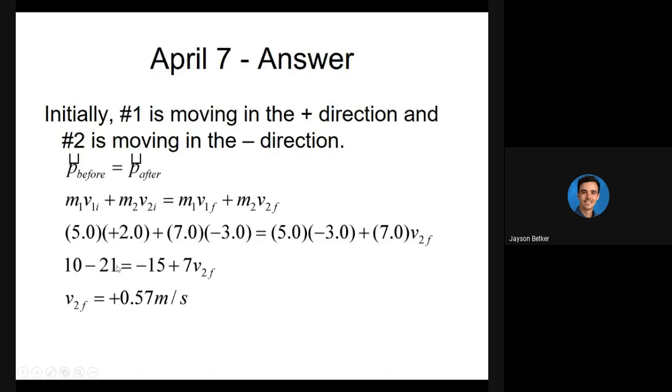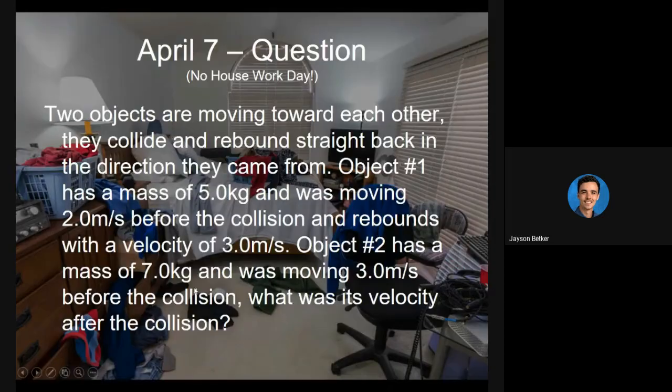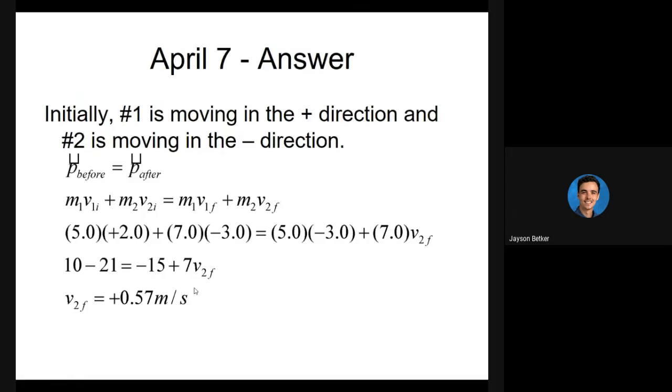So 10 minus 21 is -11, then add 15, divide by 7, you should get positive 0.57 meters per second. Looking back at my question here, that should be positive 0.6 for sig figs. So that's my bad.